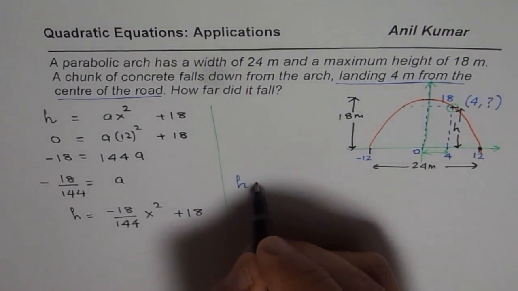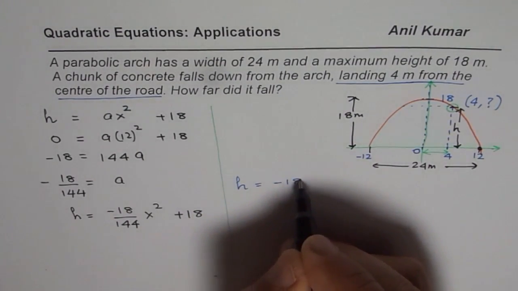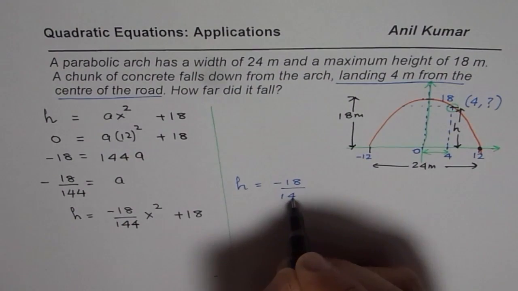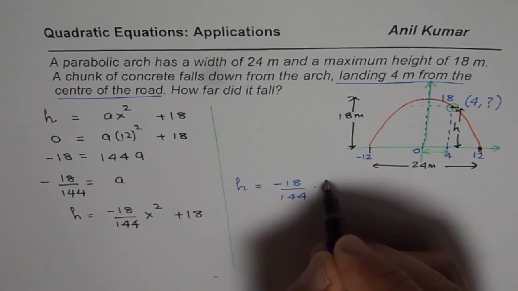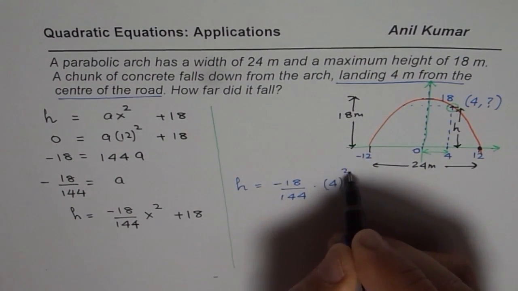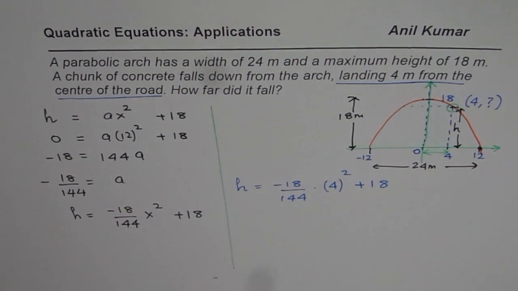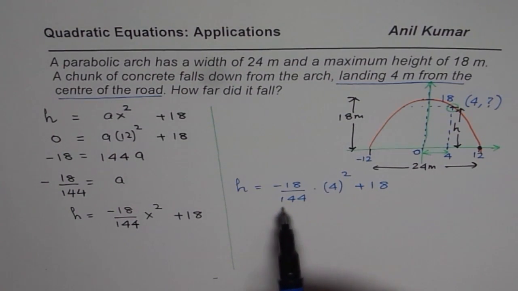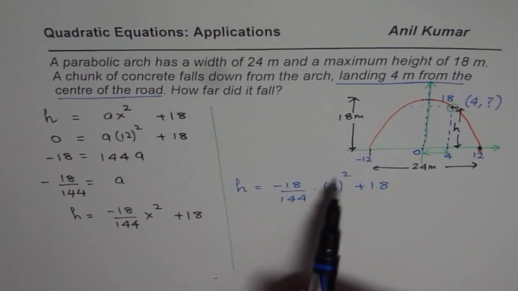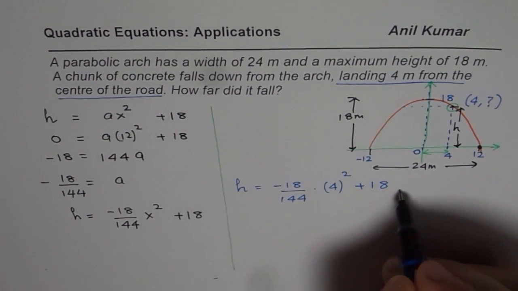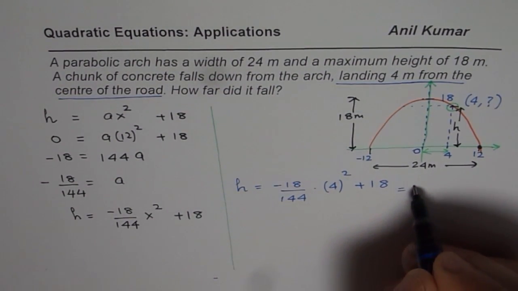So we say height is equal to minus 18 over 144 times 4 squared plus 18, right? So that is how you could actually calculate. Now without a calculator also I can show you how easy this calculation is, since 144 is 12 squared, right?